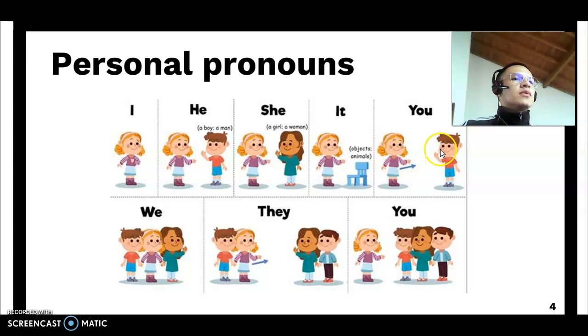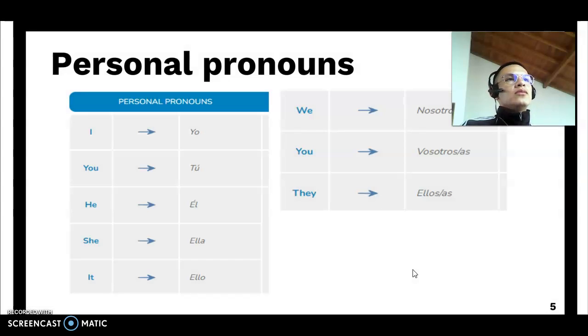For you, we have they, and we also have you, to talk about singular and plural, usted o ustedes in Spanish. In this slide we have the translation of the personal pronouns.